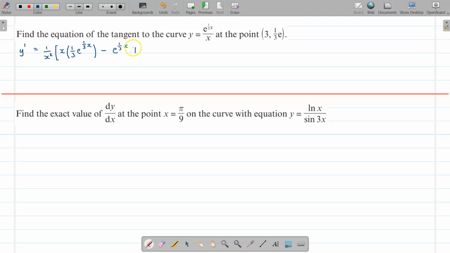Okay, and I tend to put the full working down at this stage in the same order as it appears in the quotient rule, and then I can start simplifying it.